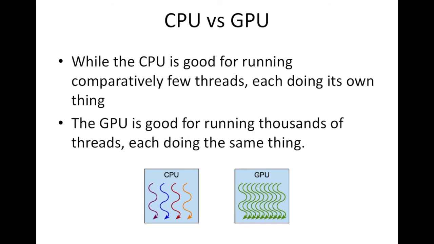That's a typical notation for a thread, and I colored them each differently to suggest that they're each running their own bit of code. A GPU, because it's got a lot more processing elements, can support a lot more threads running concurrently, but they're all going to be doing the same thing. They're all going to be running the same bit of code and even running the same instructions in that code, but typically operating on different data at the same time.